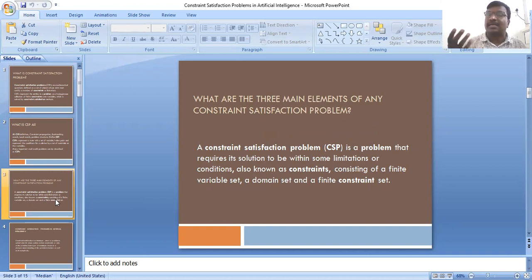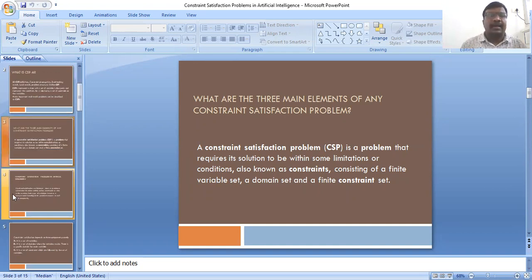This is also known as the constraints. That means a CSP is one of the problems in artificial intelligence that requires its solution to be within some limitations, conditions and constraints, consisting of a finite variable set, a domain set, and a finite constraint set.